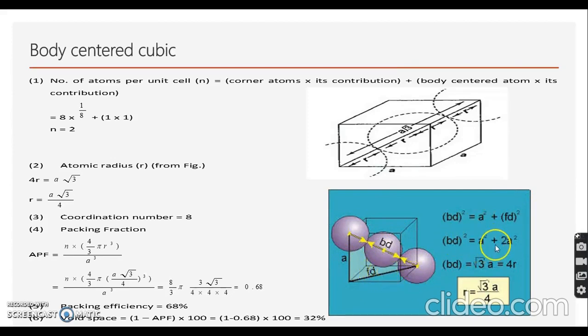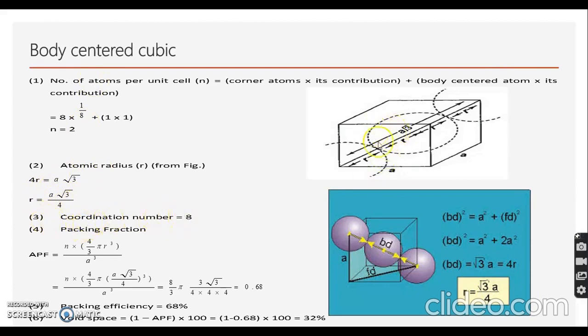So BD square is equal to a square plus 2a square, or BD, if you take the under root of it, will be a root 3, but that is equal to nothing but 4r. So a root 3 is equal to 4r, or r is equal to a root 3 by 4. So therefore, this atomic radius r for BCC will be a root 3 by 4.